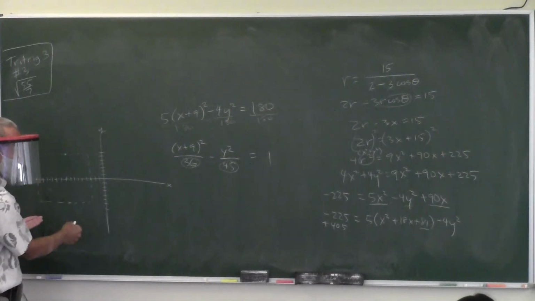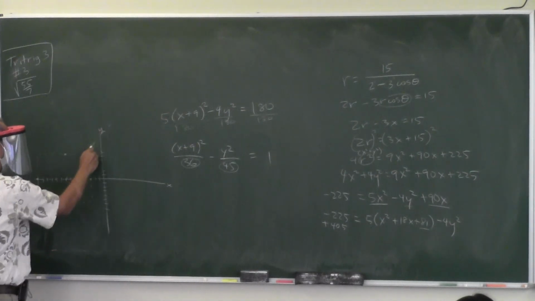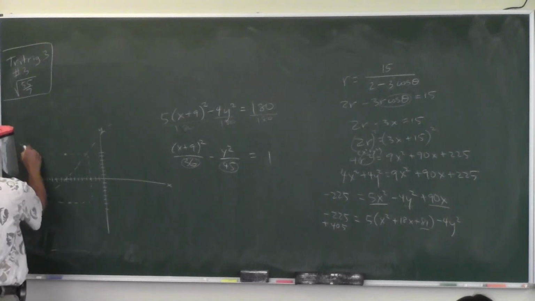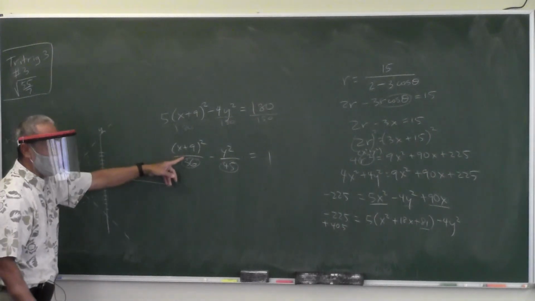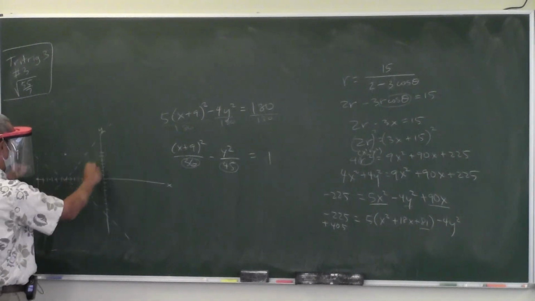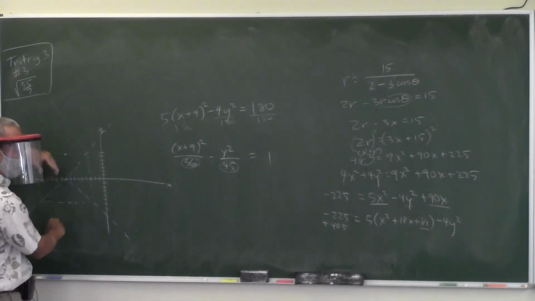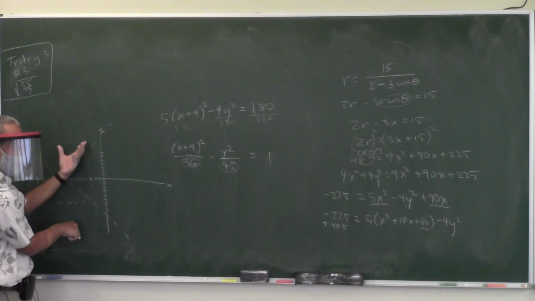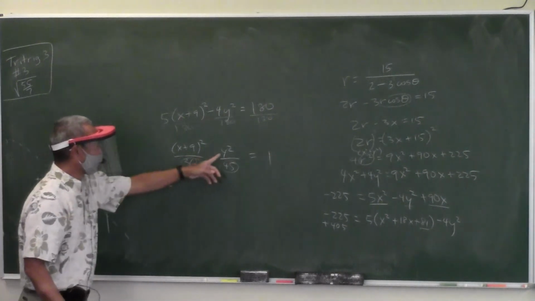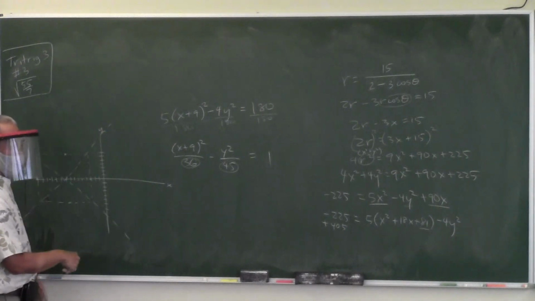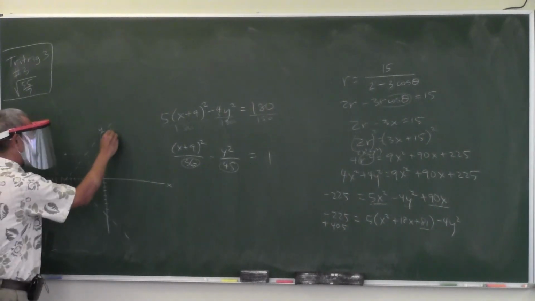The diagonals of the box are the asymptotes. If the x comes first, it's a left-right hyperbola. If the y comes first, then it's up and down. So which one is this? It's left and right.